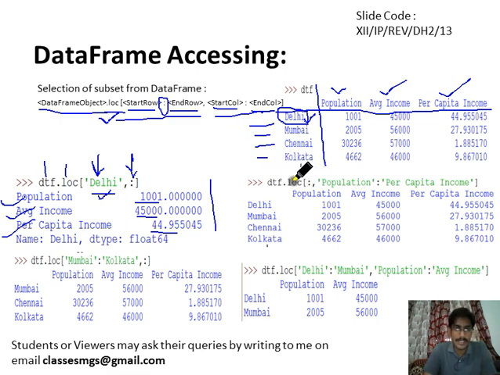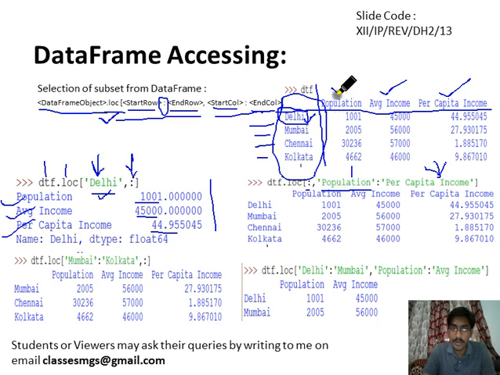The second example is if you want to display the population to per capita income columns for all the rows. Why all the rows? Because a colon is written before the comma, and after the comma you give the starting and ending position of the column.